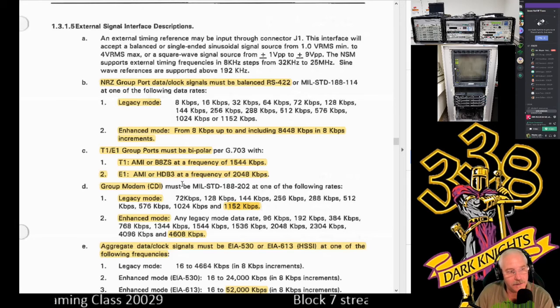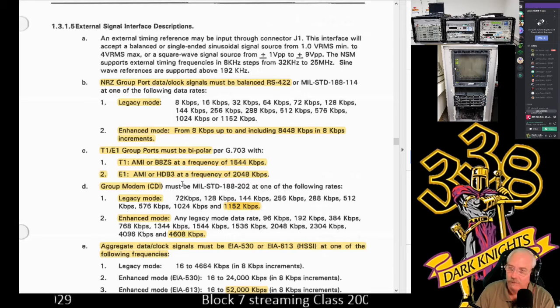If you look at the number 2, E1, is AMI or HDB3. Believe it or not, you pull that up, this is either Europe or Japanese standards.